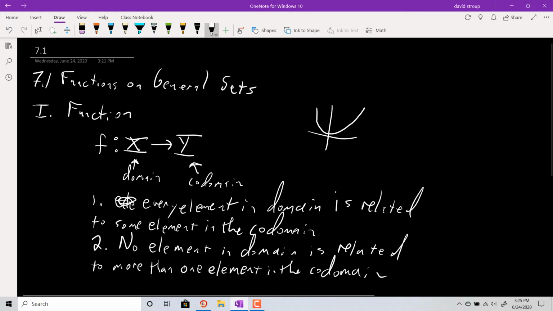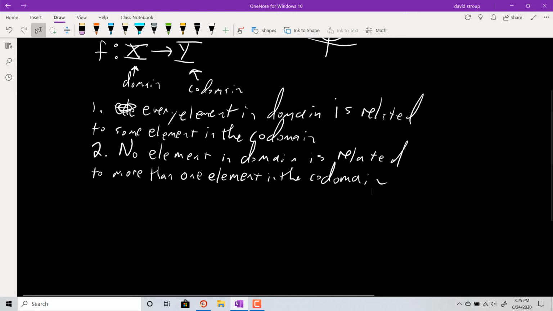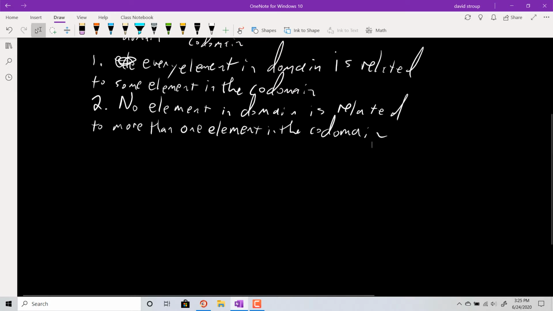Okay, and that's basically just your vertical line test. So you're not going to have a vertical line hitting the graph in more than one place. Okay, it's kind of that thing that you're used to. That's the way maybe you saw it in pre-calculus. Okay, so there's the codomain.